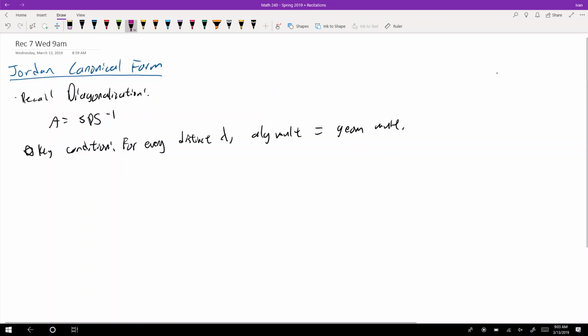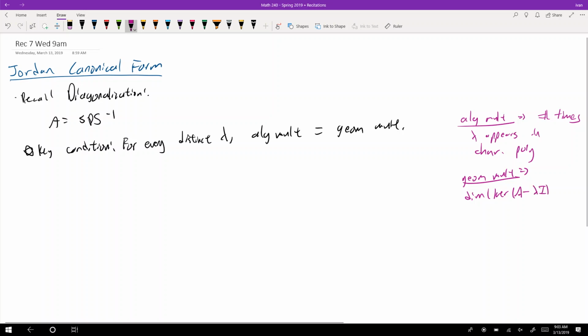If we don't remember what those are, algebraic multiplicity was the number of times lambda appears in the characteristic polynomial, and the geometric multiplicity is the dimension of the kernel of A minus lambda I.